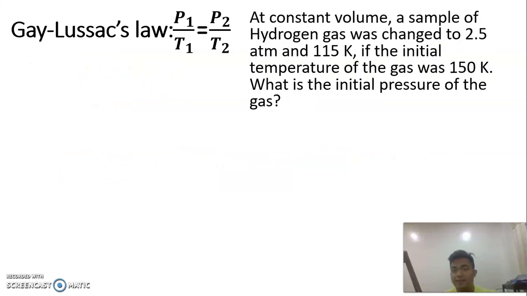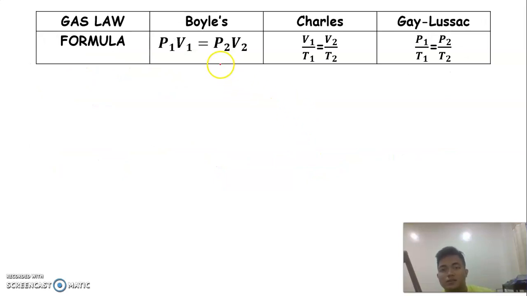So lastly, I have to discuss these three formulas. So if you look at them, P1 times V1 is equal to P2 times V2, and then you have your Charles law, which is V1 divided by T1 is equal to V2 divided by T2. If you've noticed, the pressure and the volume have their relationship. The volume and the temperature have their relationship.